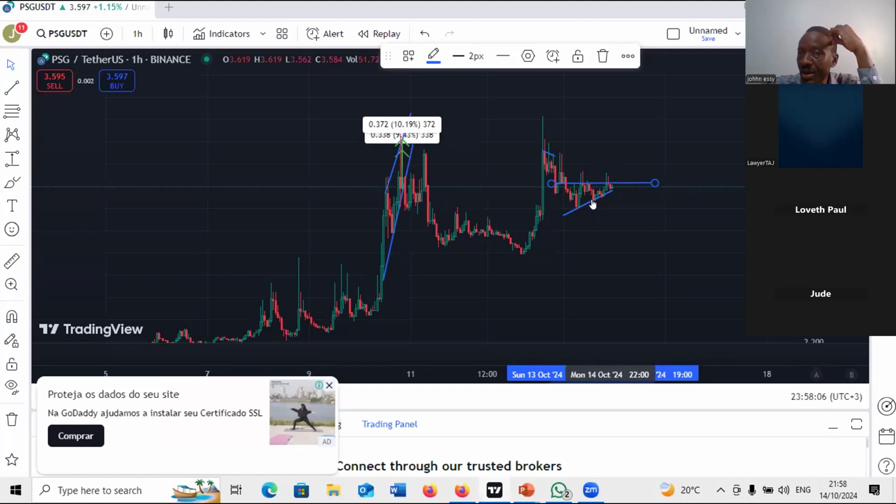This is a triangle. When we have a flat upper side like this, or lower side like that, or almost flat, then that ceases to be a wedge. It is now a triangle, and it has got different trading aspects. Okay, so we don't have a wedge here.